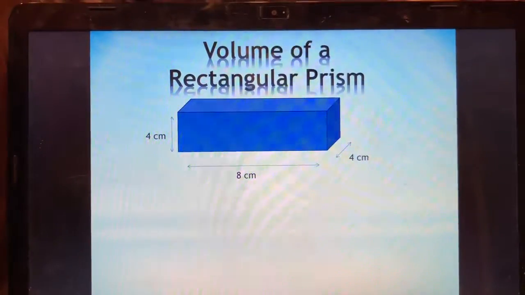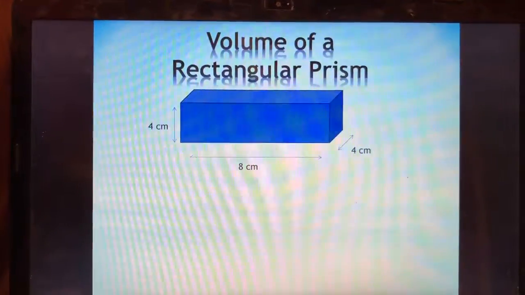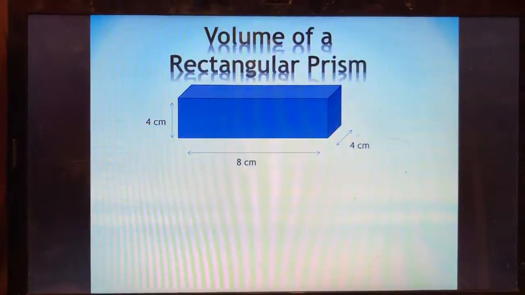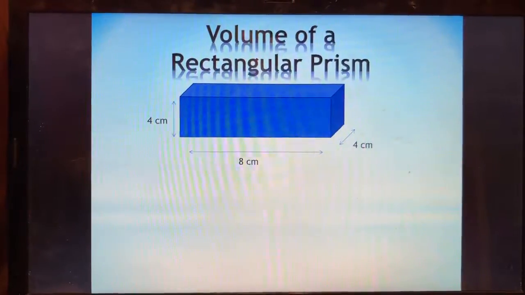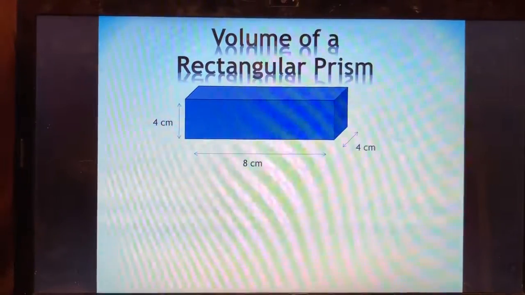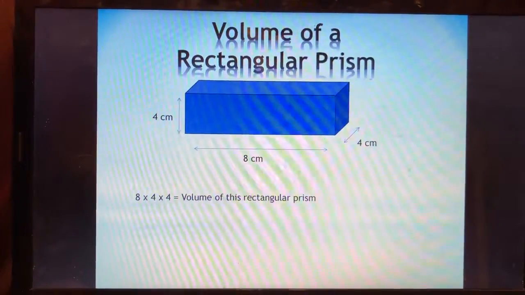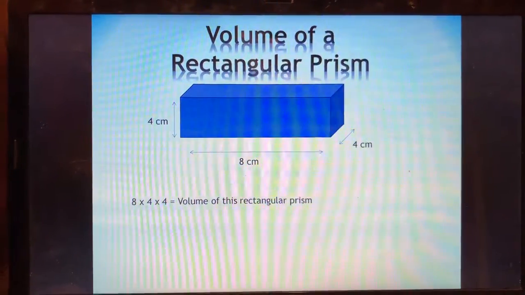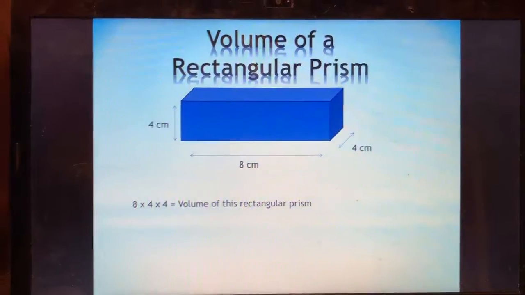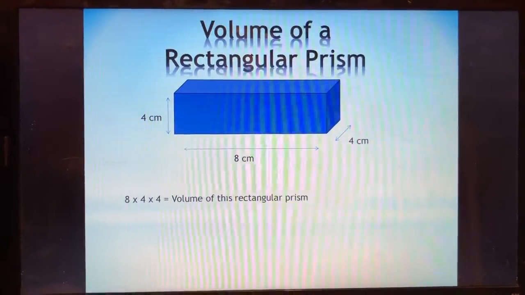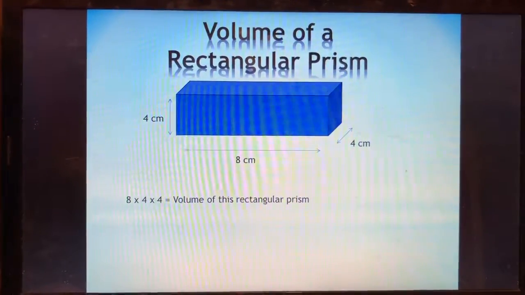If we go back to the formula we just learned, we know that it's length, which would be 8, times the width, which would be 4, times the height. So we're going to have a problem that looks like this: 8 times 4 times 4, because that's our length times width times height, and that's going to give us the volume of this rectangular prism.